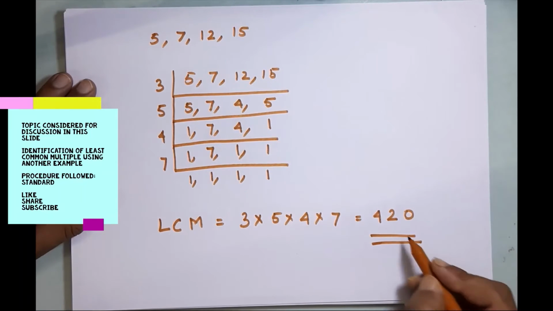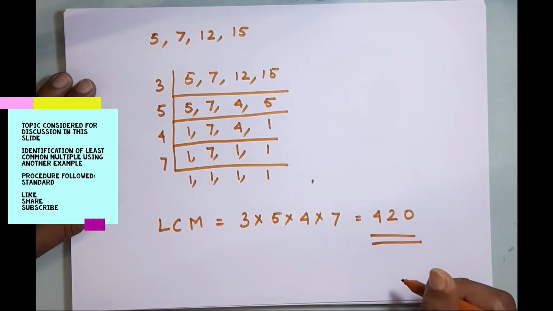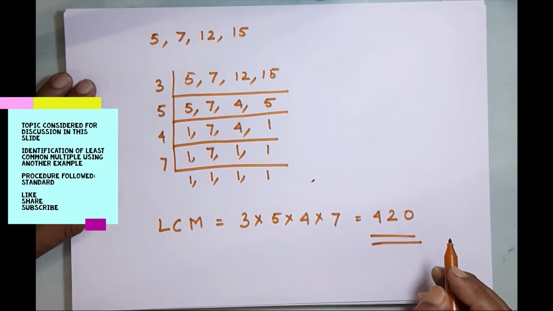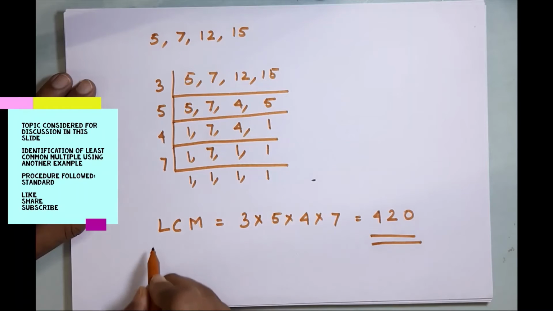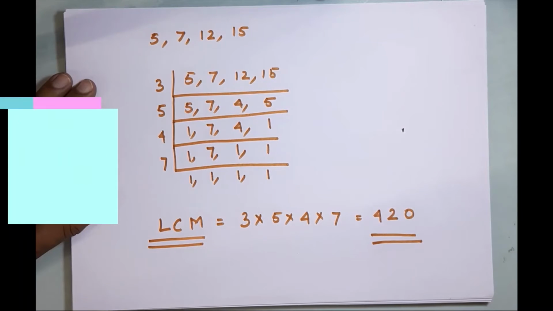It is not only the multiple, it is a common multiple of 5, 7, 12, and 15. It is not only the common multiple, it is the least common multiple of 5, 7, 12, and 15. And this is how we'll be able to achieve the LCM for any given numbers.